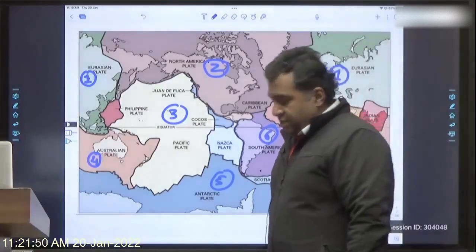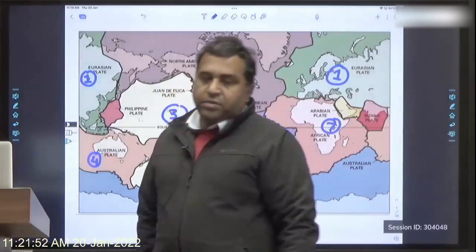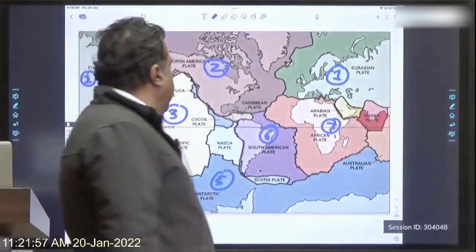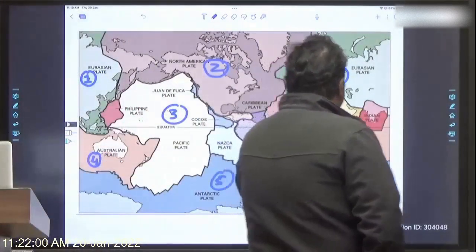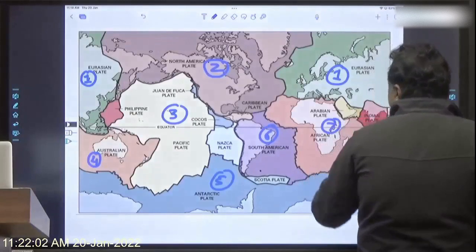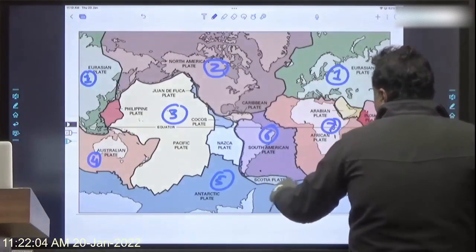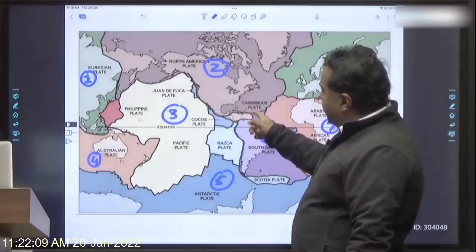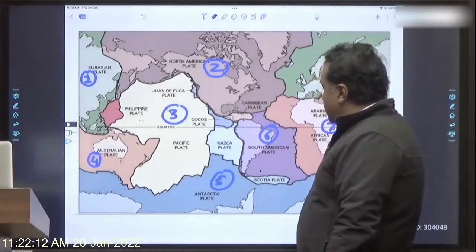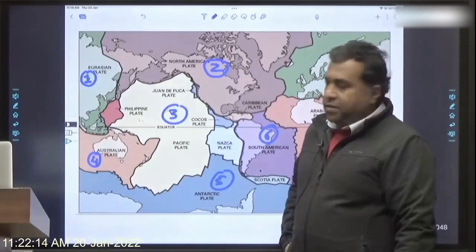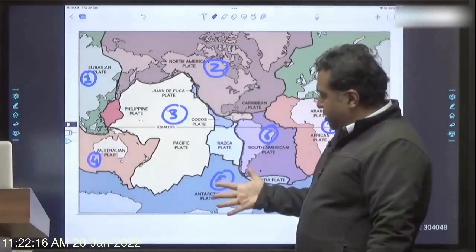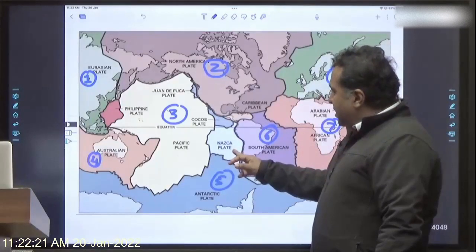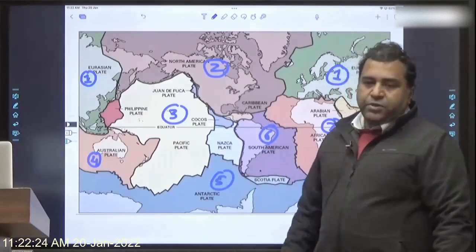Some of the important minor plates include Arabian plate, Scotia plate, Caribbean plate, Nazca plate, Cocos plate, C-O-C-O-S.